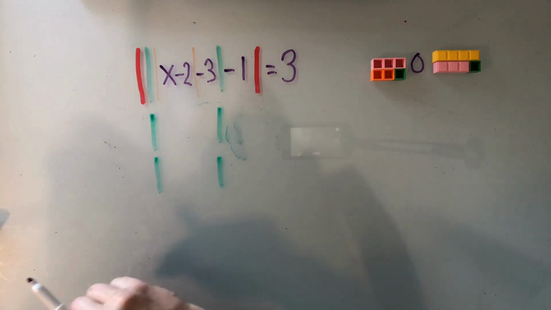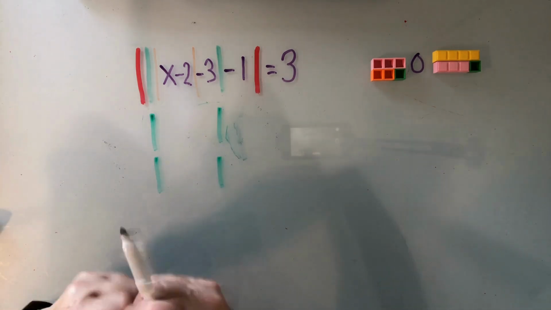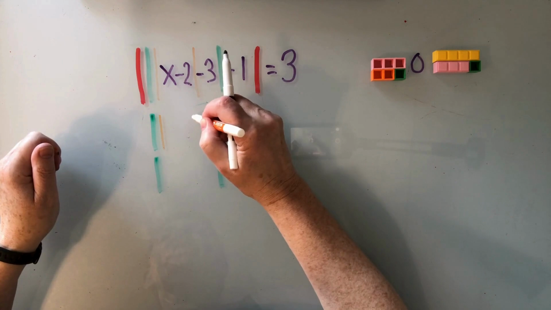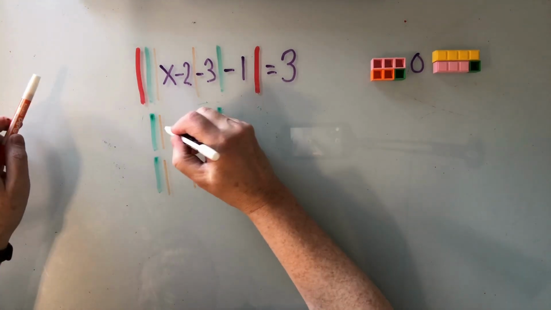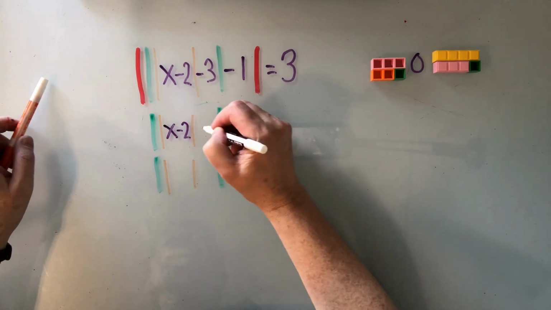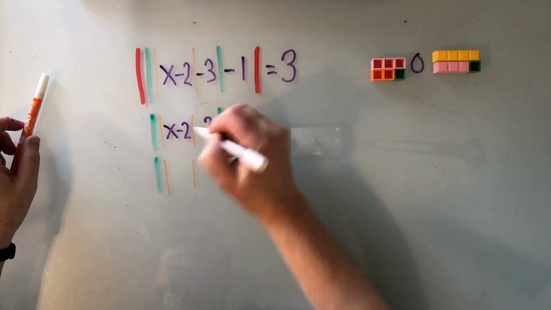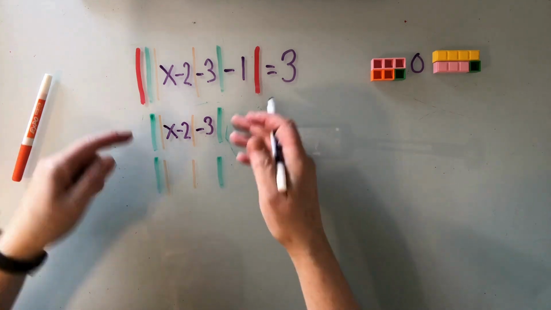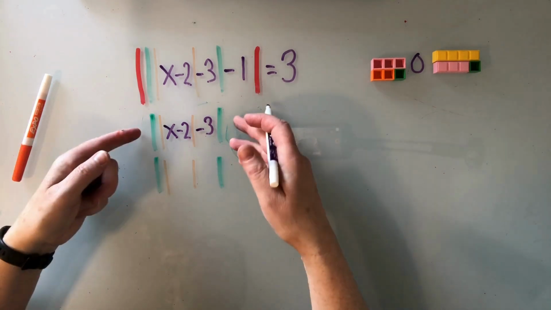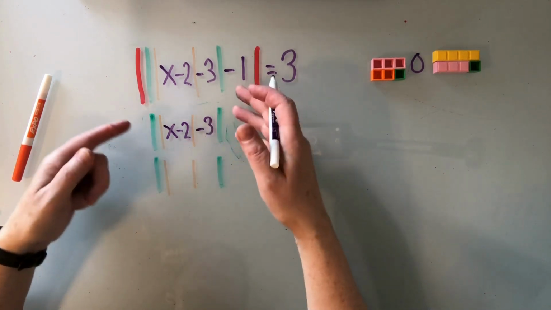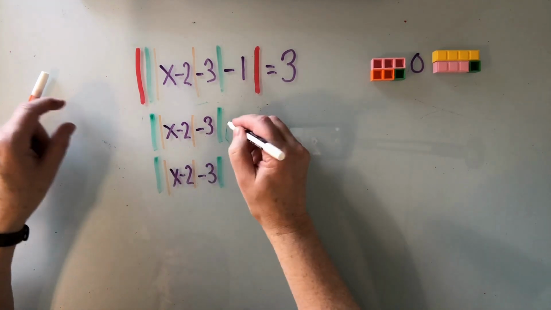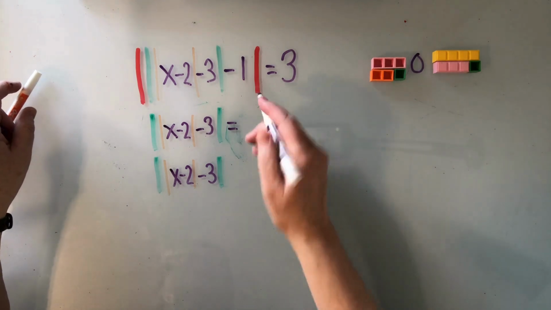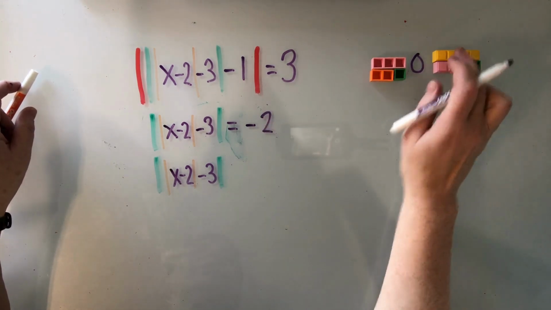Oh, hang on, let me just put these in here. So the absolute value of x minus 2, minus 3, the absolute value of all of this. So the absolute value of x minus 2 take away 3, right, is equal to, on this side it's -2, and over here it's 4.